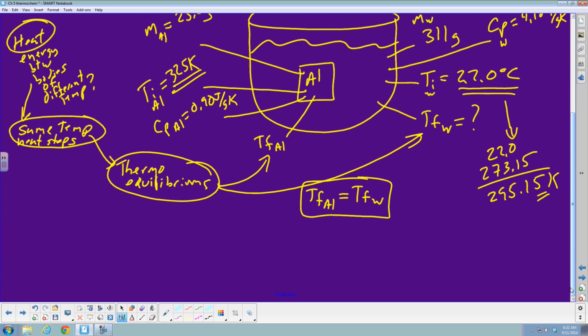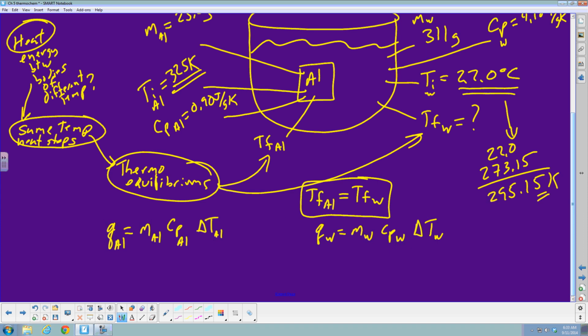First, let's write the equation for Q aluminum. Q aluminum is equal to M aluminum, C sub P aluminum, delta T aluminum. Good. We also know something about water. Q water is equal to M water, C sub P water, delta T water. Got it? Cool. What else do we know? Well, what do we know about the heat transfer?